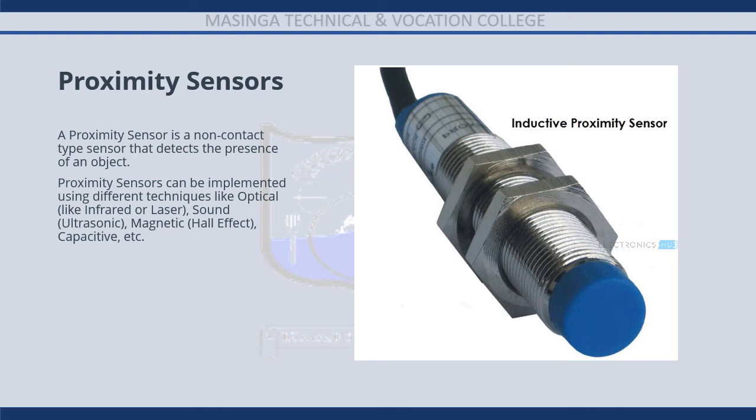Next, we have proximity sensors. A proximity sensor is a non-contact type of sensor that detects the presence of an object. A proximity sensor can use different techniques of sensing. For example, optical, sound, magnetic, capacitive. An example of the sound technique is the echolocation technique, which bats use, as described earlier.